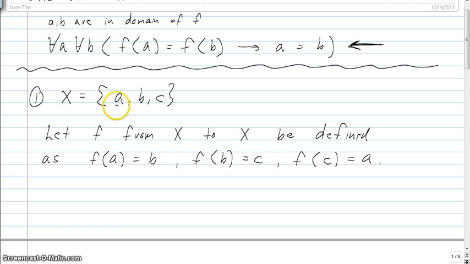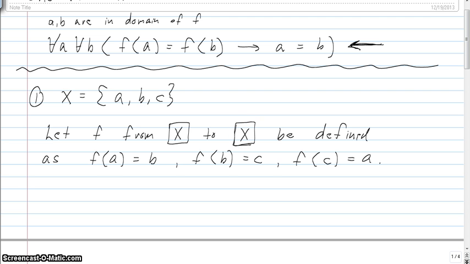Okay, so let's take a look at this first example. I've got a set consisting of three elements, a, b, c, and I'm going to define a function from this set to that same set. Real quick, this is important when we talk about a function. We have to define a function from one set to another set. We kind of sweep that under the rug in college algebra.